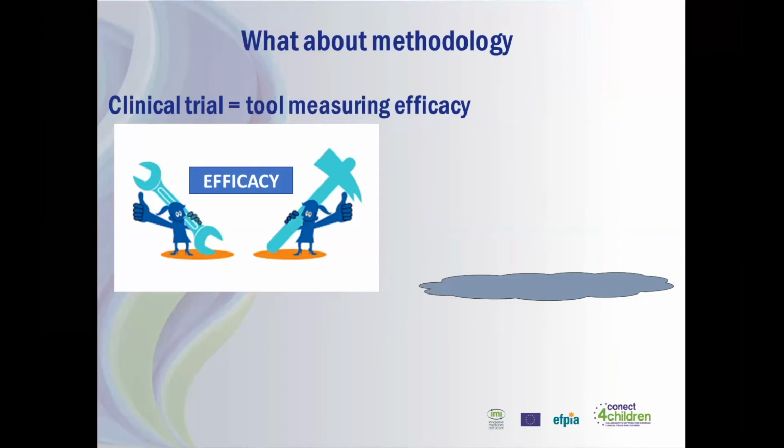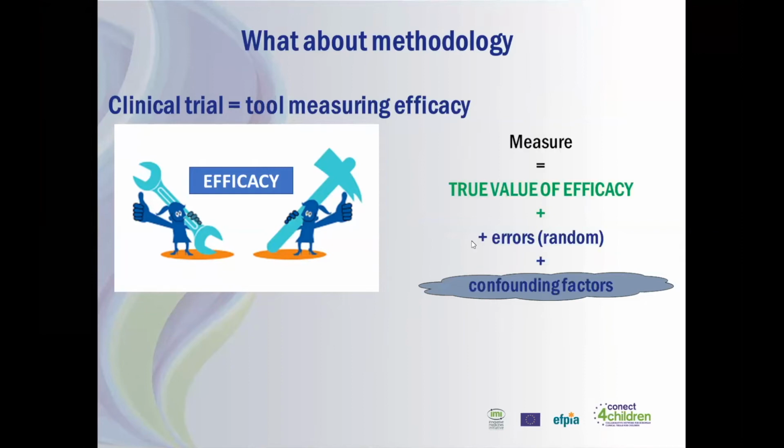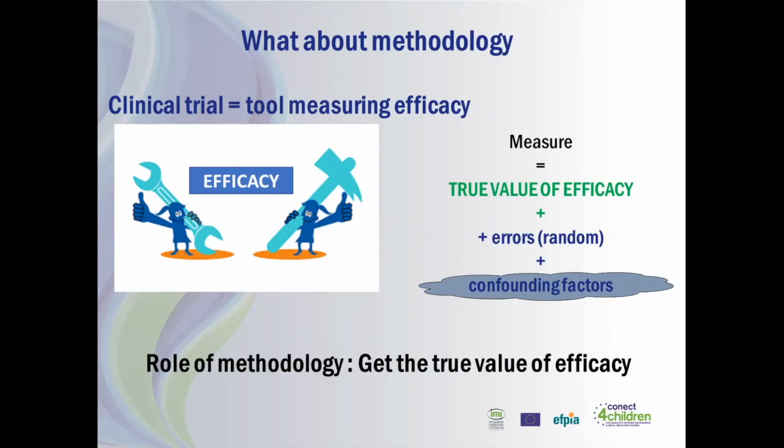And this measure is always a mix of the true value of the efficacy plus some errors, because we all make errors when we do measurements, and some other factors such as the evolution of the disease itself without treatment, placebo effects, etc. All those factors can act and may not give a real evaluation of the efficacy of the treatment. So the role of the methodology will be to get the true value of the efficacy and to get rid of these factors that annoy us.